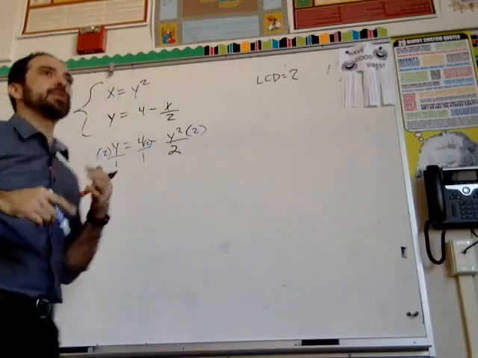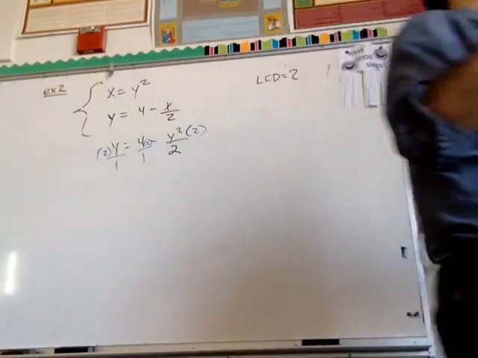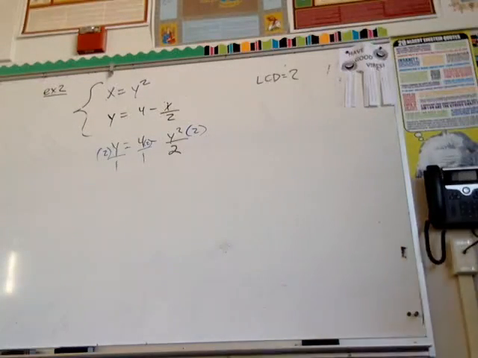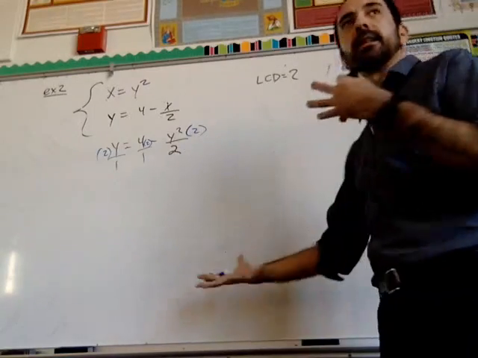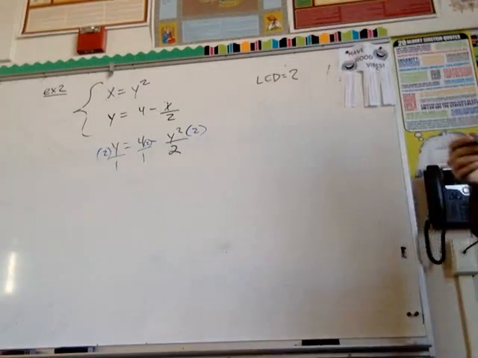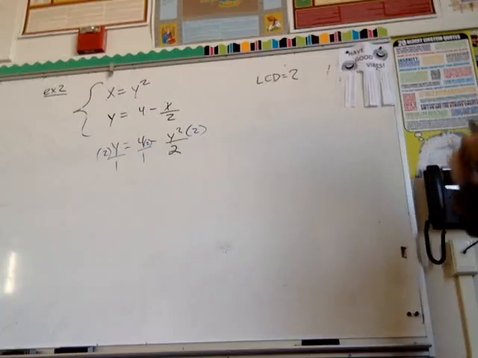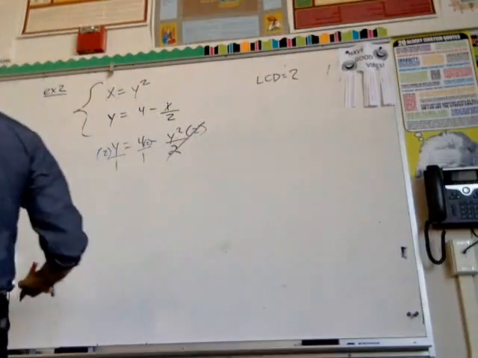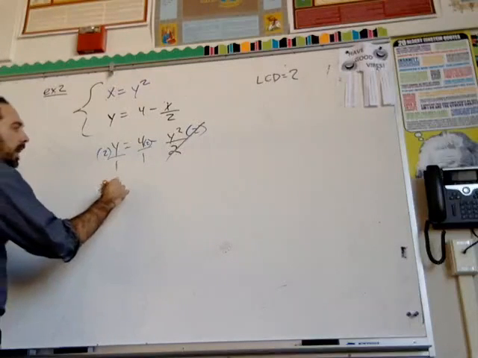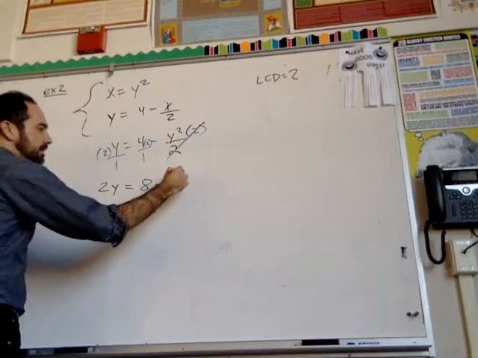Because it's an equation, you can multiply the left and right side of an equation by the same value and not change anything. You haven't changed the balance. The main idea of an equation is that the left and right are equal. So, looking at that, that allows us to say goodbye to fractions. 2y is equal to 8 minus y squared.